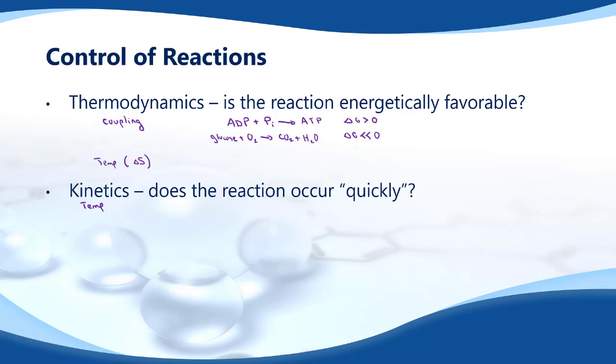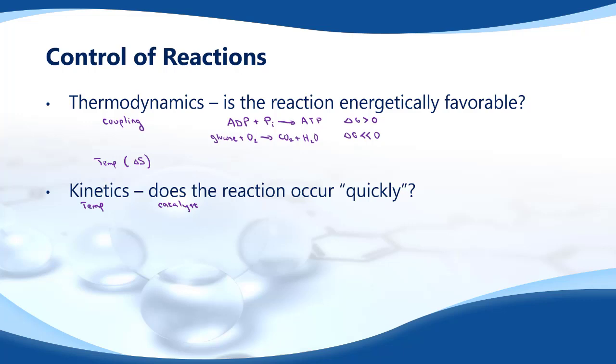All right, so temperature kind of controls both. The other thing that controls kinetics, which is a little bit more substantial, is going to be adding a catalyst. Right? Catalysts lower that activation energy barrier by providing a different pathway, which means that since it's a lower barrier, more molecules can react. Reaction occurs much more quickly.